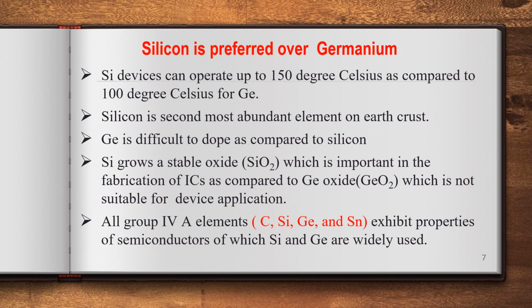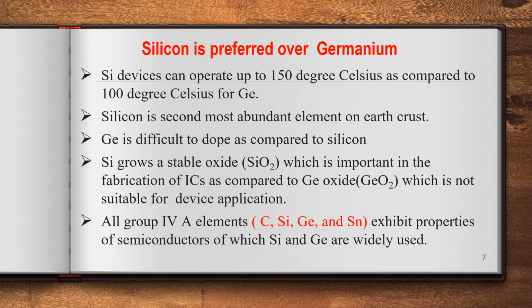So here doping is done just to increase the number of free electrons in the case of N-type semiconductor. Acceptor atoms or trivalent atoms such as group 3A elements like boron, gallium, and indium are used for doping of pure semiconductor to convert it into P-type semiconductor.